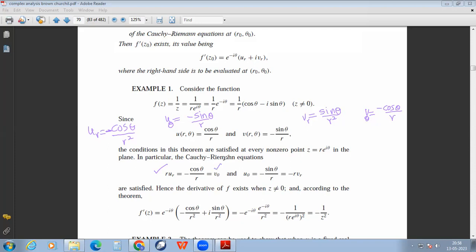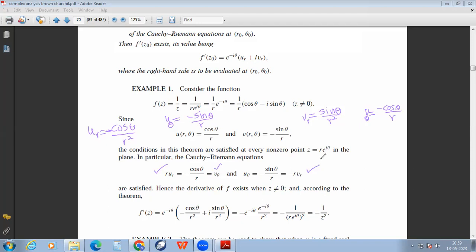Followed? So you need to work in your notebook. If you work it out, the things are quite easy. Now u theta was minus sin theta upon r, and as far as v_r is concerned, you can see there is no minus sign, and there is an extra r in the denominator, so you can call it r v_r with a minus sign.